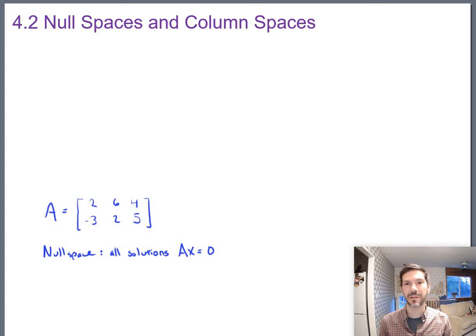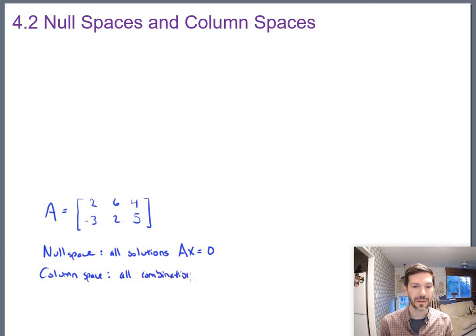All those solutions together form a vector space. The column space is all combinations, or maybe a better linear algebra way to put that would be the span of the columns.